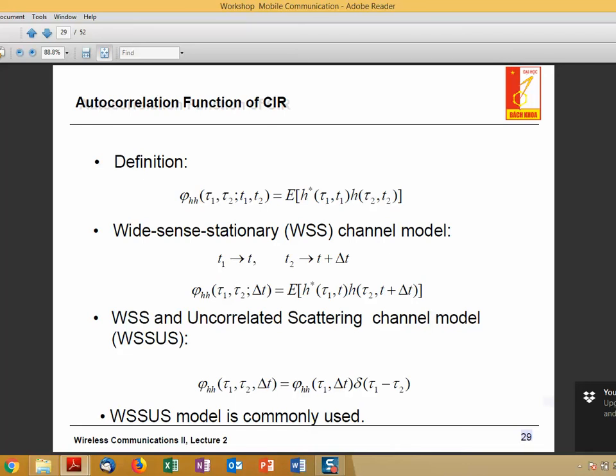If the channel is wide-sense stationary, you can replace T1 by T and T2 by T plus delta T. The meaning of this replacement is that we observe the channel, and the observation result does not depend on the observed time. It depends on the observation duration.